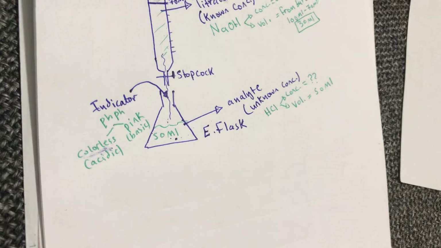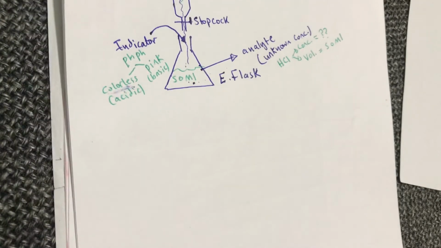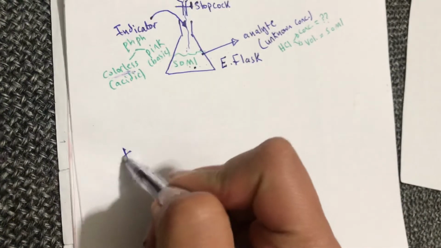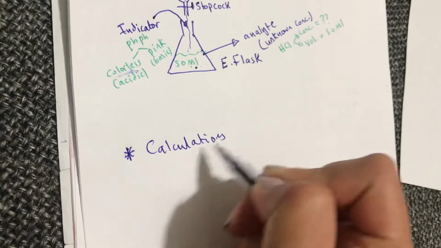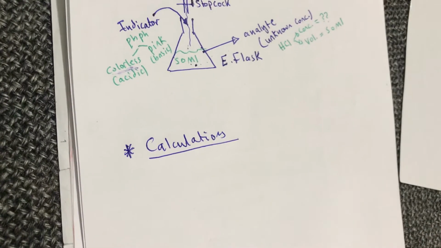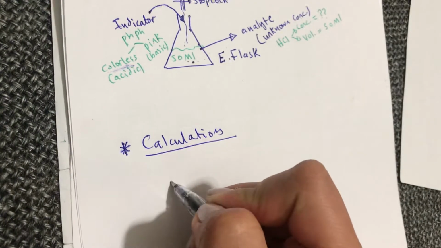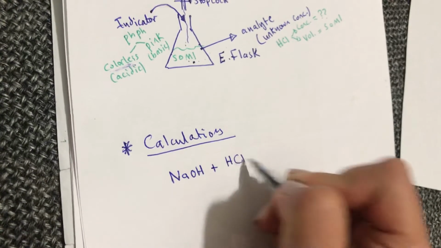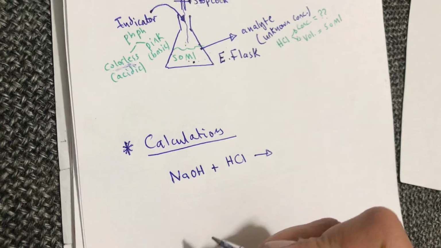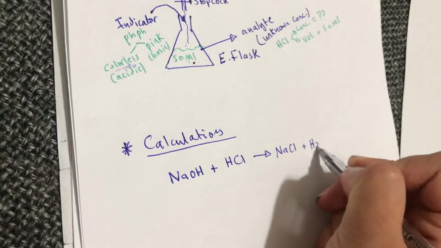So what are the calculations? How do you calculate the concentration of hydrochloric acid? First, you have to write an equation between acid and base to get the mole ratio between acid and base. Sodium hydroxide reacts with hydrochloric acid. The products are sodium chloride plus water.